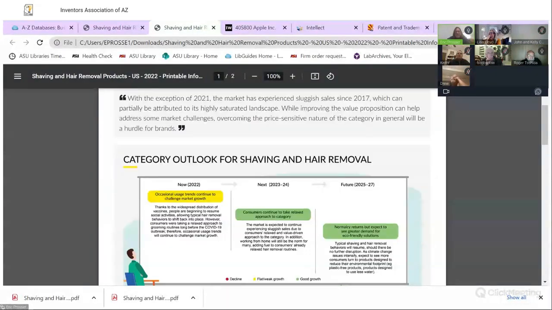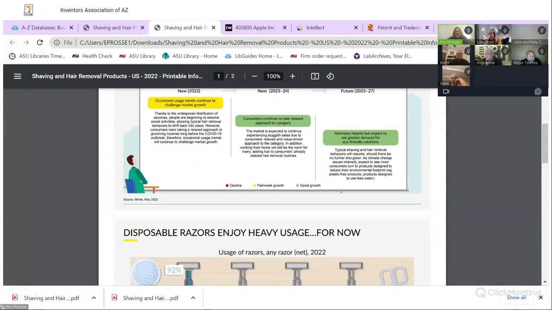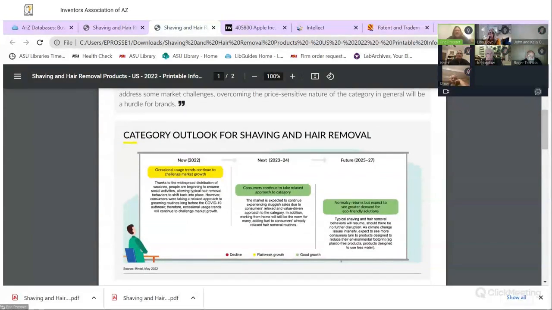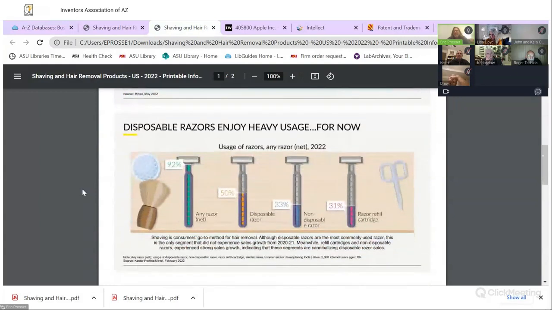But yeah, it gives you things that you can use as graphics, say, in a presentation if you're going to talk about a specific industry. And so, just looking at this, hey, here's what's going on now. Here's what's expected to happen in the near future and the longer term. And one of the neat things I think about Mintel is it puts a lot of this in a nice way to visualize data, right?